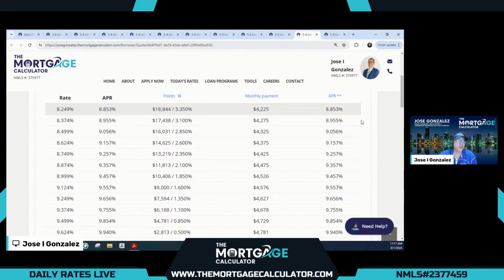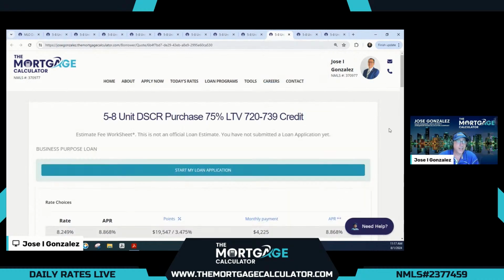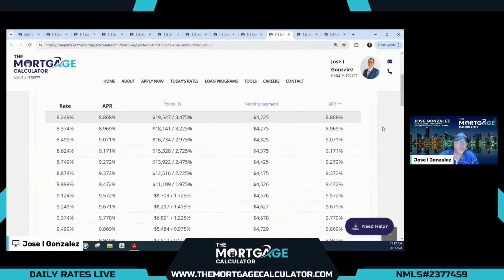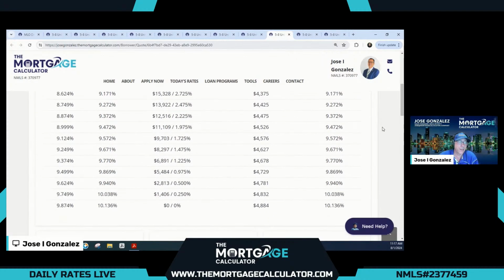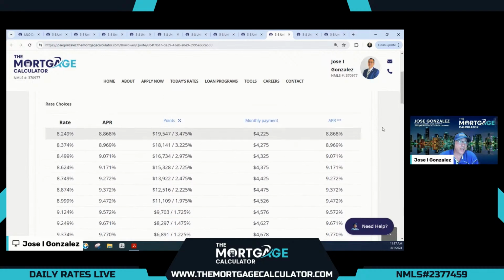And you can buy that down to 8.249 at a cost of 3.35. And good news here, at a 720 to 739, we are still at 75% LTV for this product. Rate just goes up a little bit. 9.874 is par, and 8.249 is our lowest rate option.